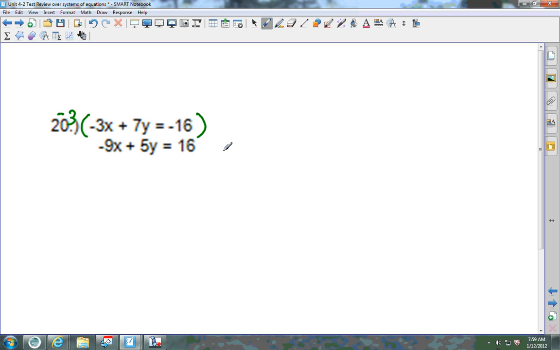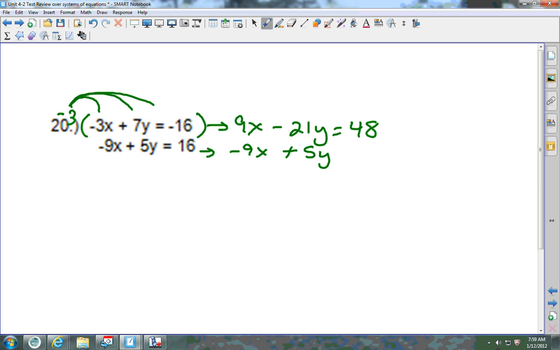Okay, so I'm going to draw this out to the side. I'm going to get negative 3 times negative 3, which is 9x. Negative 3 times 7, which is negative 21y. And negative 3 times 16, which is going to give you a positive 48. Let's rewrite the bottom equation. Negative 9x plus 5y equals 16. Draw my line. My x's disappear.